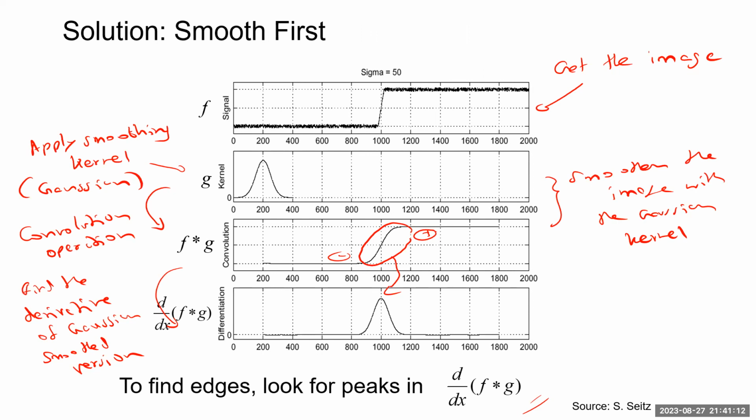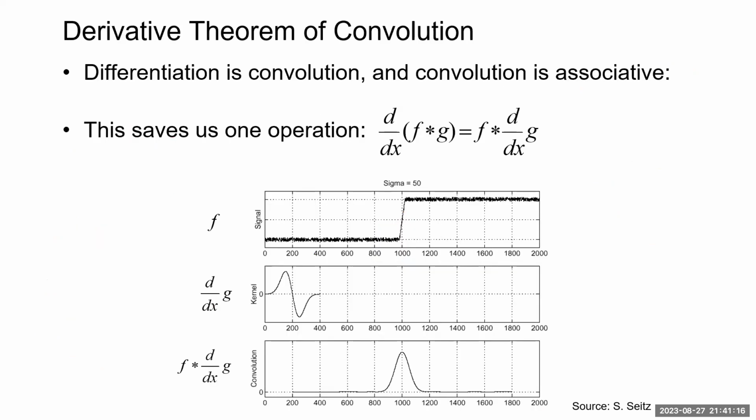At the same time, the differentiation operation is also a linear operation. Whenever there are linear operations, they are interchangeable. So if you have two linear operations, differentiation and convolution, both linear, then you can interchange them.